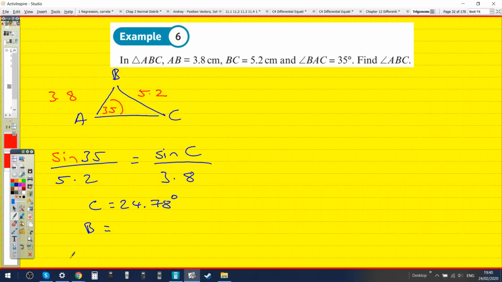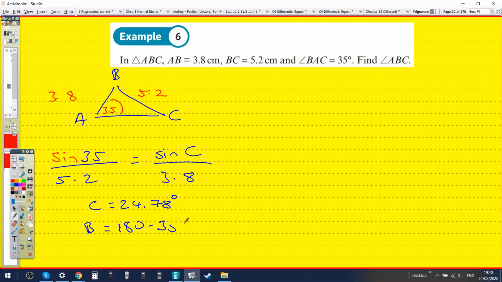And then we need to do angle ABC equals 180 minus 35 minus 24.78.